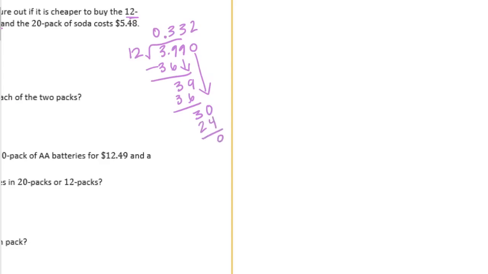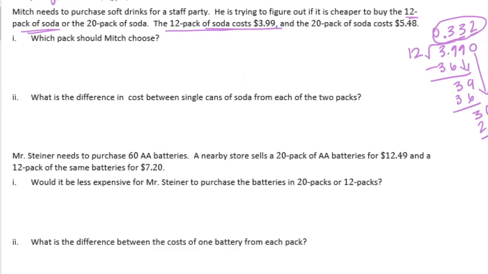That's 24. I'm going to stop there because we're doing money, so we only need to go to the hundredths place, but I wanted to make sure that we didn't need to round that up to a 4. But since this is a 2, this 3 stays the same. So we would say it's 33 cents each for the 12-pack.